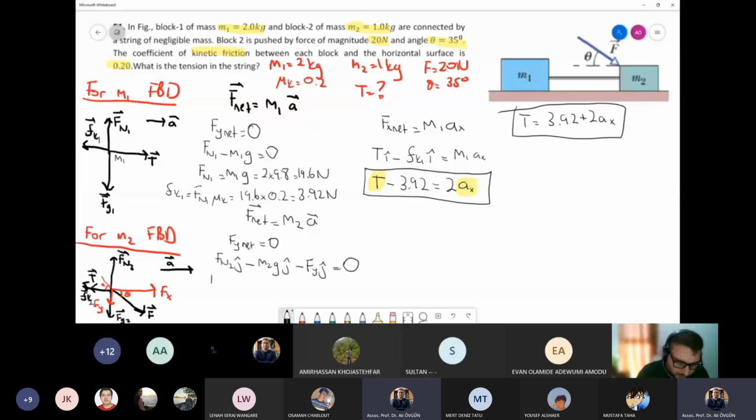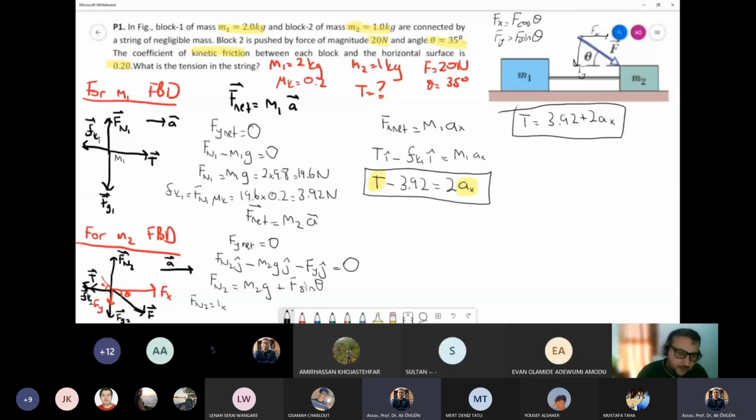So F normal 2 is equal to M2 g plus Fy. How can you calculate Fy? F has two components: Fx is F cosine theta and Fy is F sine theta.